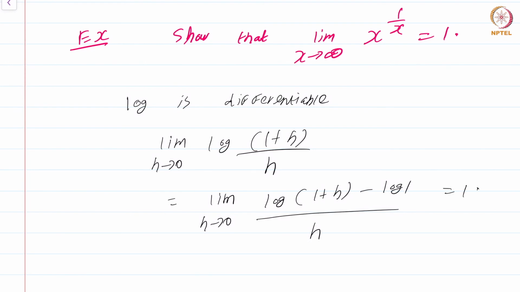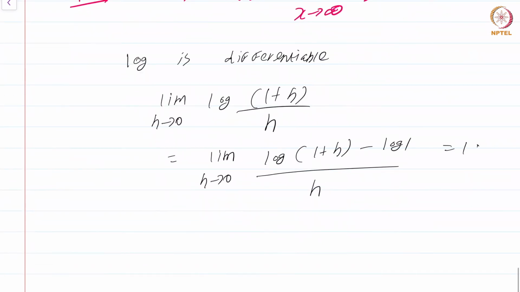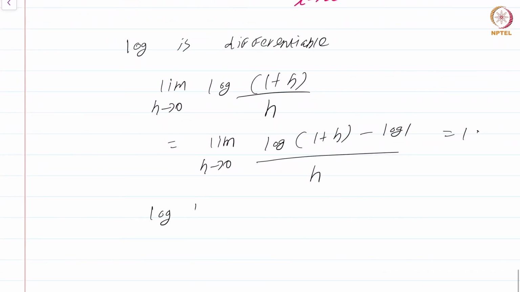We know this because the derivative of log is 1 by x, or 1 by y, and y in this case is 1. Now log(1 plus h) by h is nothing but log of (1 plus h) power 1 by h.